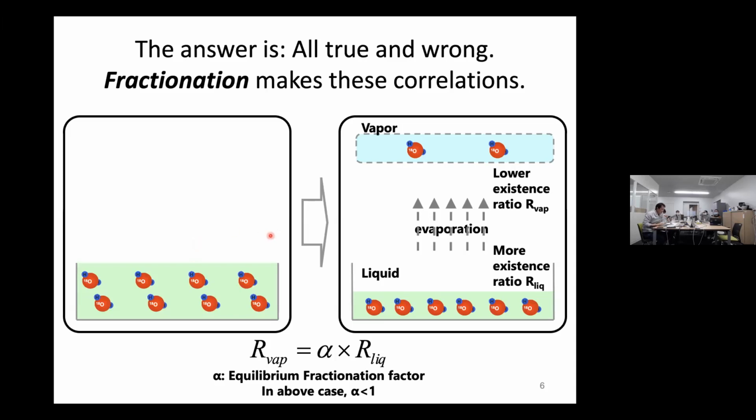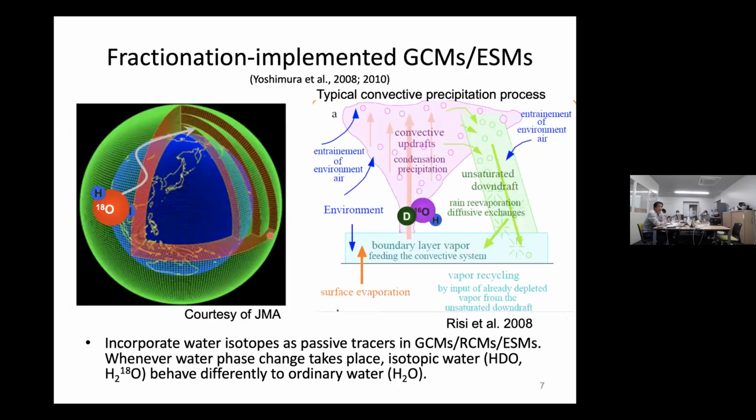Then what is implemented in the models? Actually, it's not that simple, but there are different fractionations, like equilibrium and kinetic fractionation. If we can assume that we know kinetic fractionation very well, which isn't so true, methodologically we still have a robust way to implement those fractionation processes.